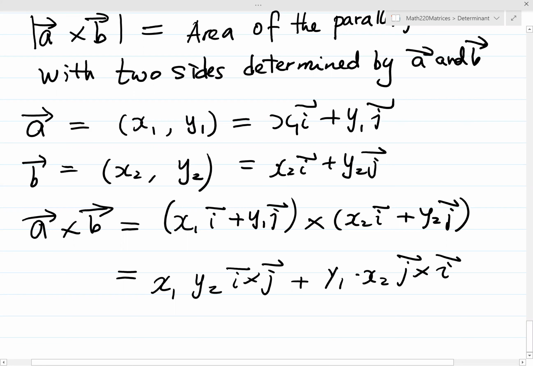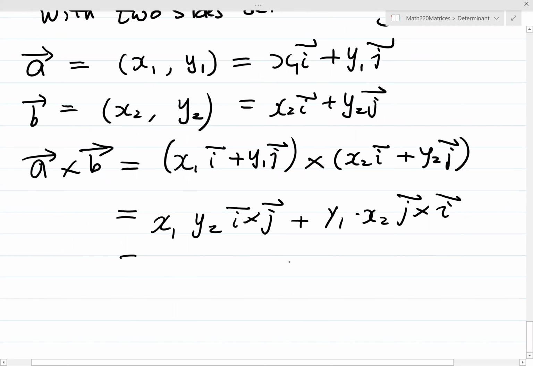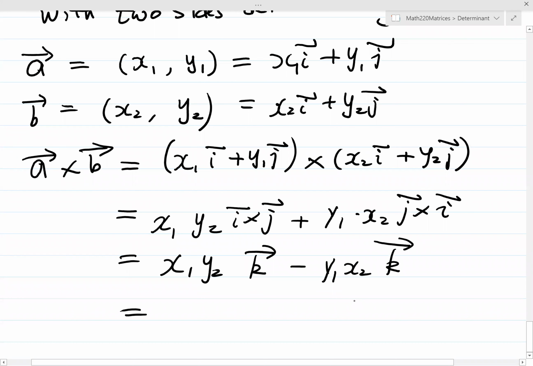I cross j gives k, and j cross I is negative I cross j. So this is minus y1, x2, k. So this will be x1, y2 minus y1, x2, times k.